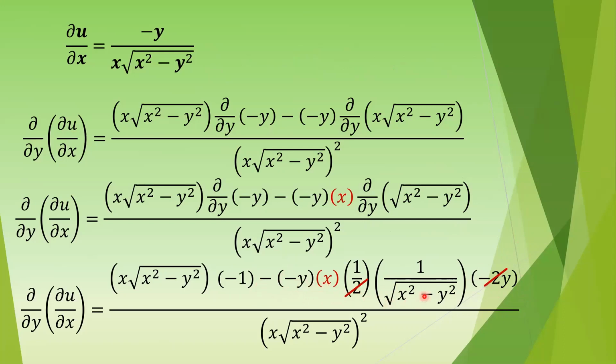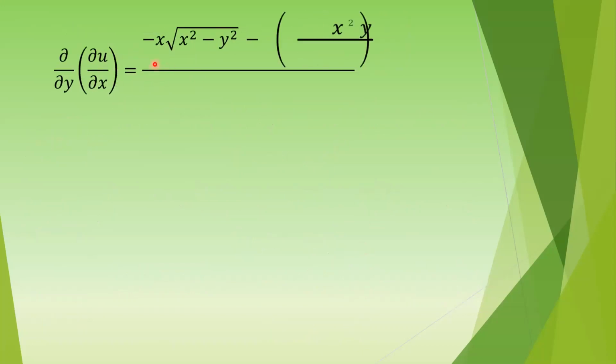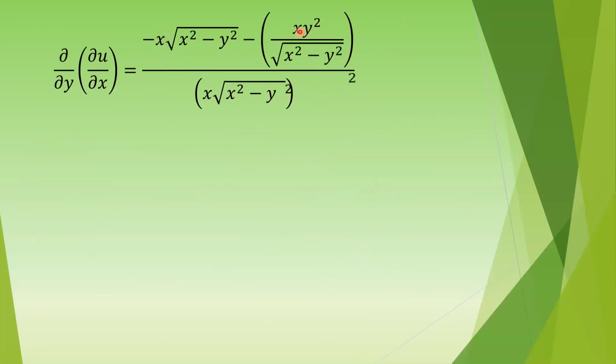Yan, magkakaroon tayo ngayon ng y times y squared yun, saka x. So meron kang x, y squared ngayon dito sa ating numerator. Yan tuloy natin. So ayun siya, x, y squared. Naiwan over square root of x squared minus y squared.